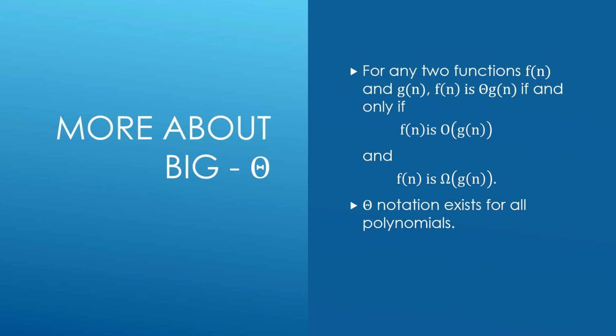Theta notation only exists when the O notation is the same as the omega notation. You would say this will happen for all functions. Yes, you are right. There are some algorithms for which the O notation is different and the omega notation is different. So for them, theta does not exist.